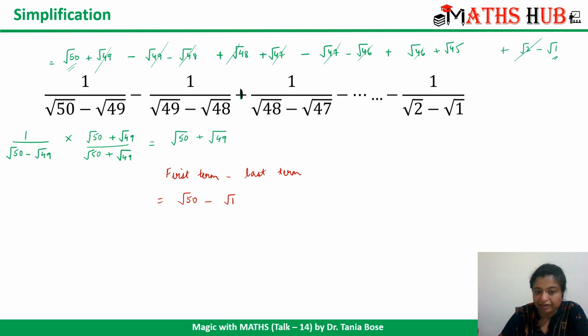So alternately plus and minus, right? In this case, you will get the answer as first term minus the last. When everything is in plus, then it is the last term minus the first term. When we have a negative denominator and in between we have alternately plus and minus, then it is the first term minus the last, right? I hope you understood the simplification tricks.